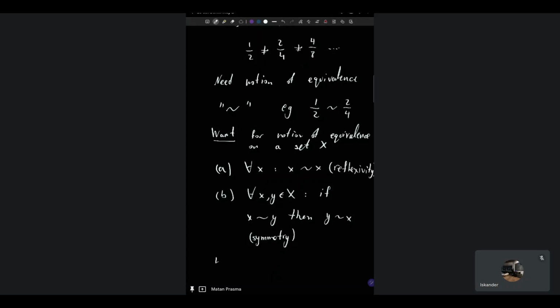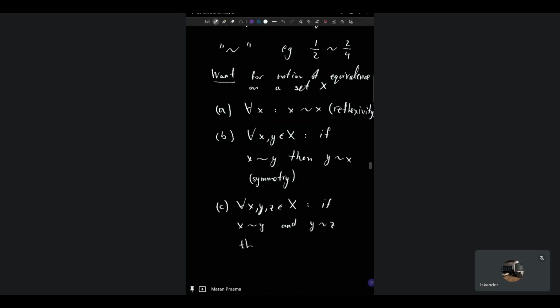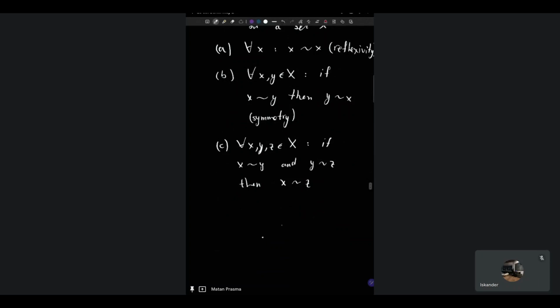And the third property is that for any x, y, and z in X, if x is equivalent to y and y is equivalent to z, then necessarily x is equivalent to z. Right? We would like to be able to move around with this equivalence.